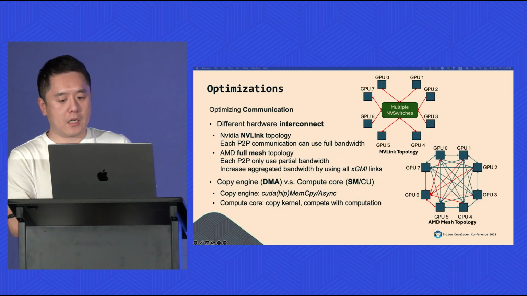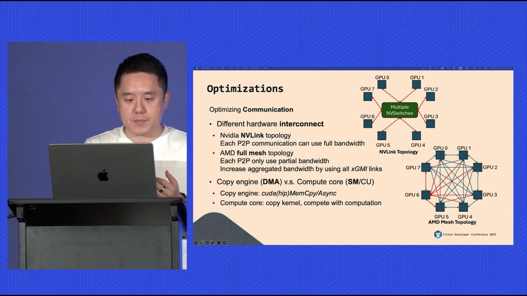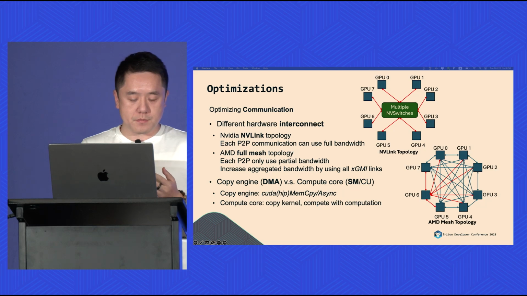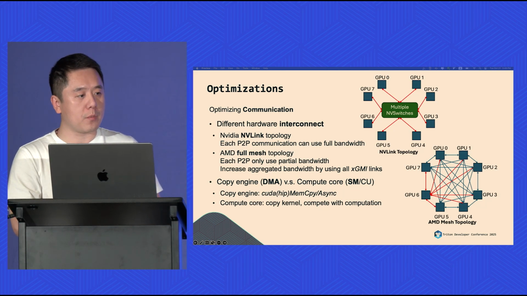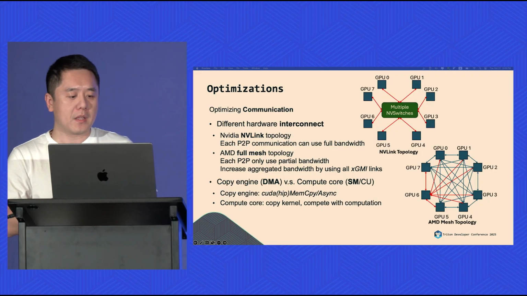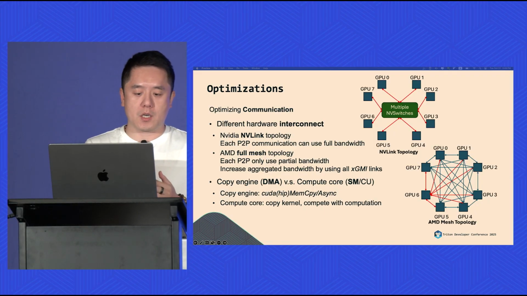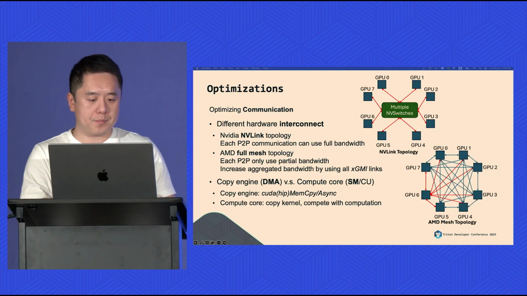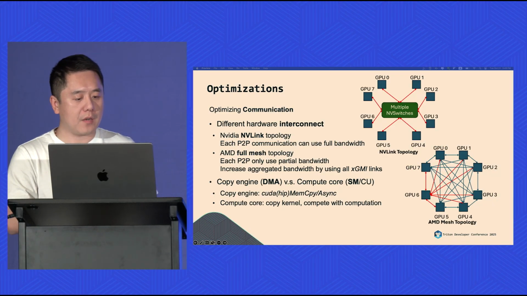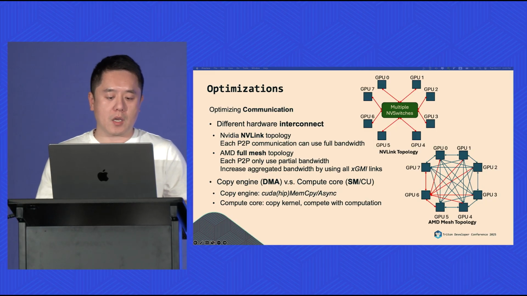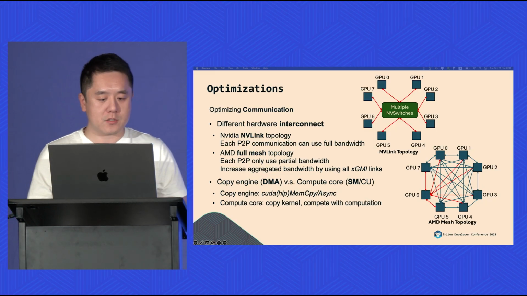And here's another optimization case for different hardware, which has a different interconnect. For example, NVIDIA GPUs have an NVSwitch topology, where each P2P can consume the full bandwidth. But AMD has adopted a full mesh topology, so to have relatively good bandwidth, you have to make sure you use every link between GPUs, which means all of the XGMI links.